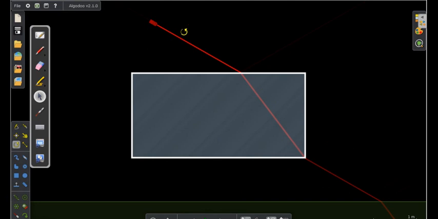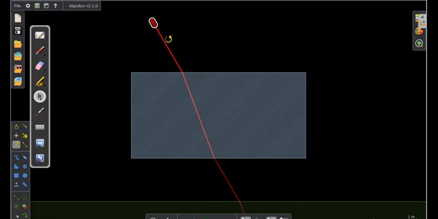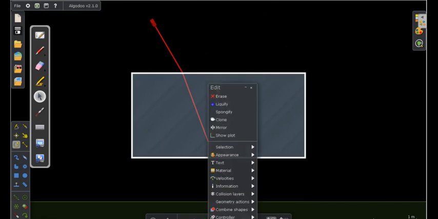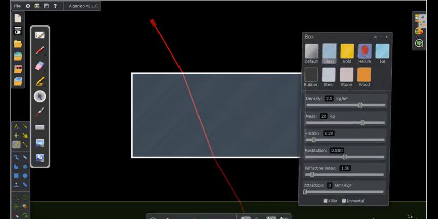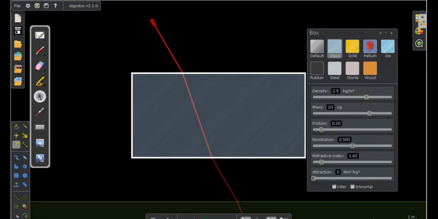Finally, refractive index. Let me increase the refractive index of the medium and let's see what happens. If the refractive index is increasing, the lateral shift is also increasing.